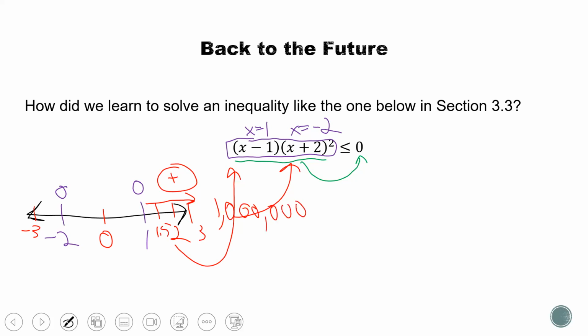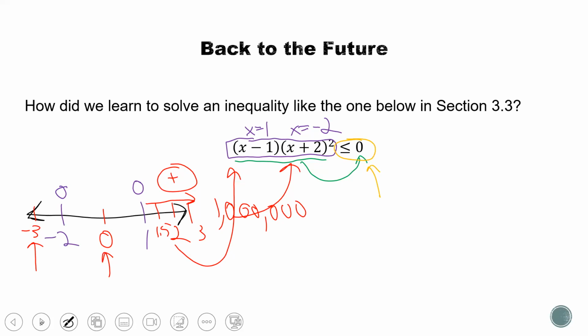But you would find that for any value bigger than 1, you would get a positive value. Then we do the same thing for 0 and the same thing for -3. And then we use what we find for each of those intervals to solve the inequality, namely find the intervals where the function is less than or equal to 0.